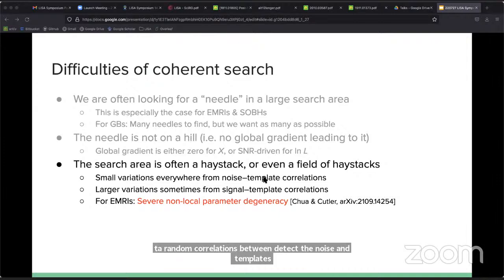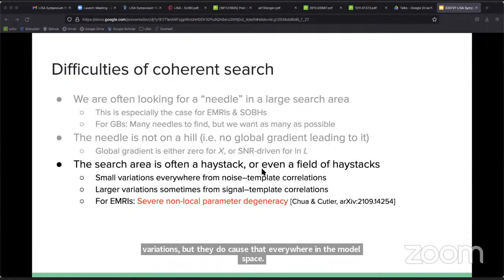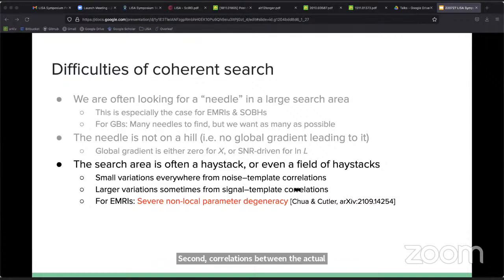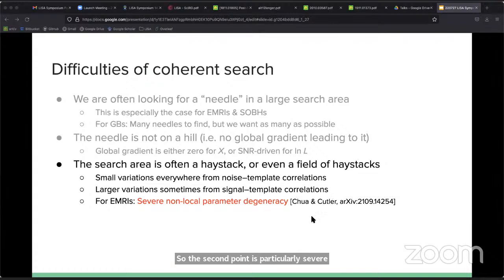So these actually cause low amplitude variations, but they do cause them everywhere in the model space. Second, correlations between the actual signal and other templates can also cause larger deterministic variations in the search surface as well. So this second point is particularly severe for MREs, and it has been characterized qualitatively in a recent paper that I wrote with Kurt Cutler. So that's referenced here.